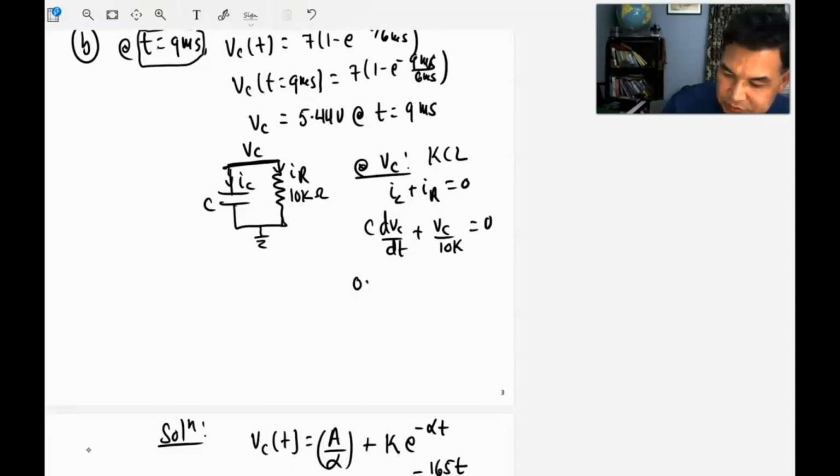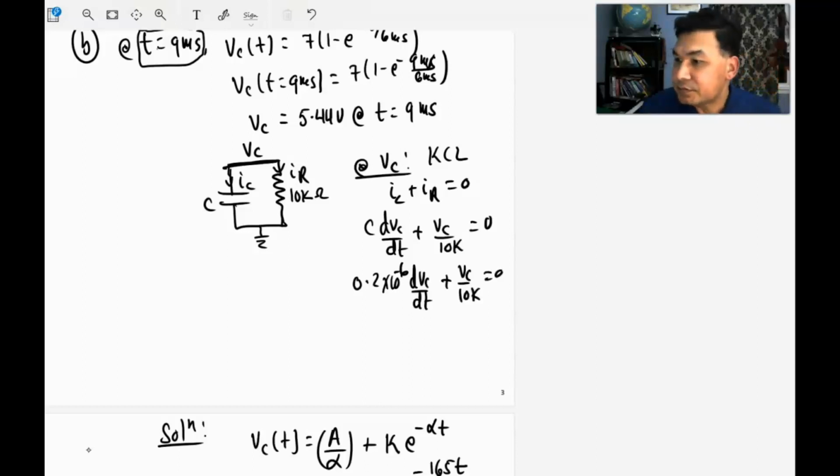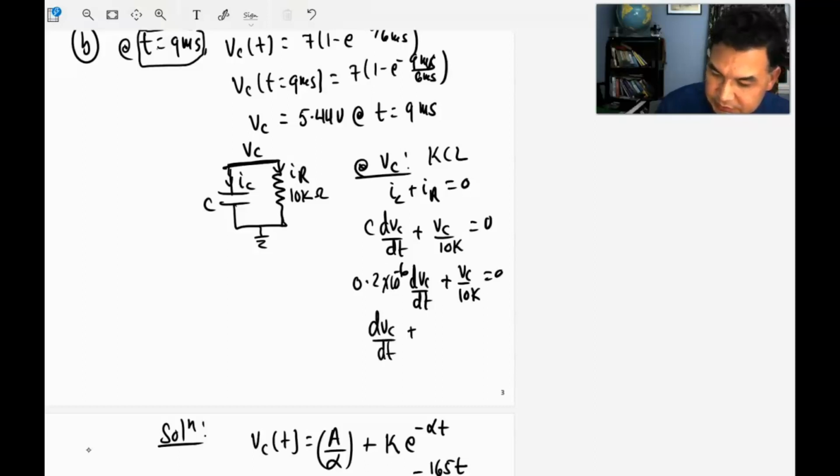Capacitance is 0.2 micro, so 0.2 micro times dVc over dt plus VC over 10 kilo ohm. Now you simplify this, and you'll get a differential equation: dVc over dt plus 500 Vc is equal to 0.